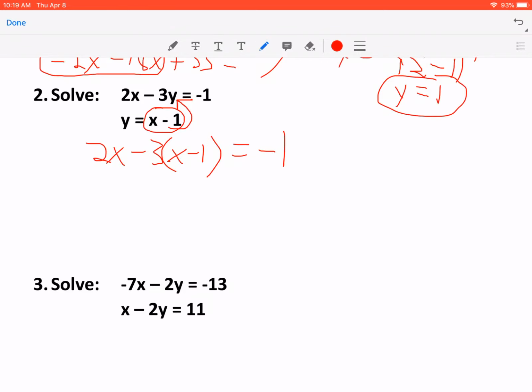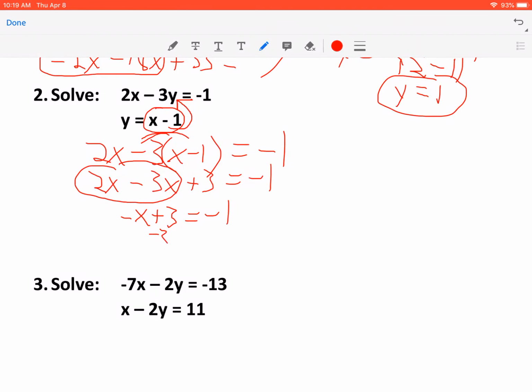And there it is right there. You're going to have to use distributive property. So 2x, negative 3 times x is minus 3x. Negative 3 times negative 1 is plus 3 equals negative 1. Combine these two. A 2x and a minus 3x, that's negative x plus 3 equals negative 1.